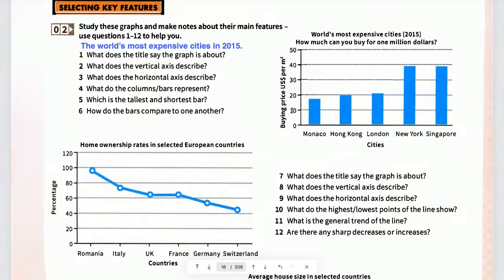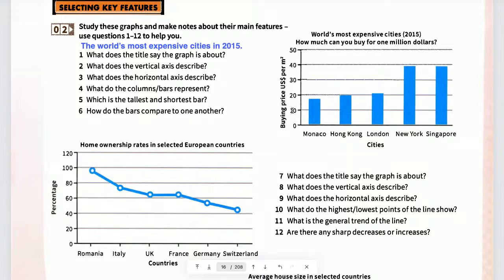Because we are looking at the vertical axis, right? I need to know whether you're really looking at the right thing or not. So tell me what the vertical axis is about. First of all, I need something like the name or some kind of characteristics of that one. Buying price, $US per square meter.